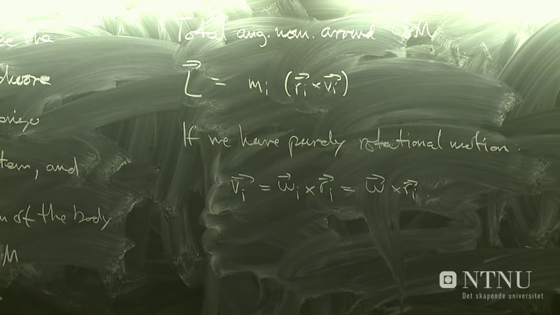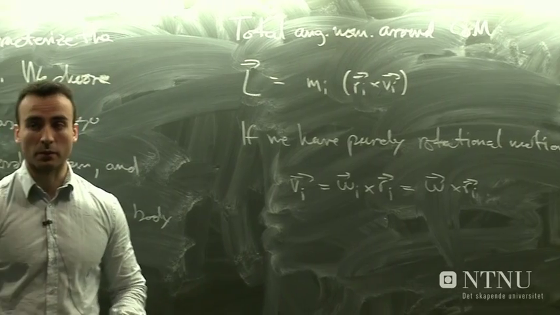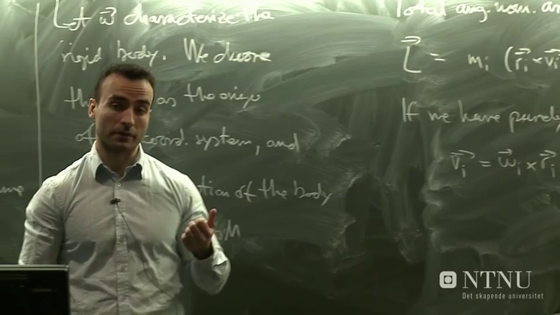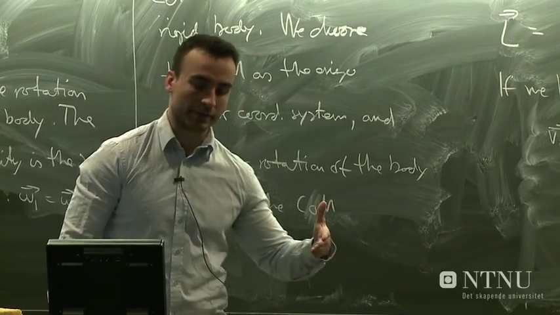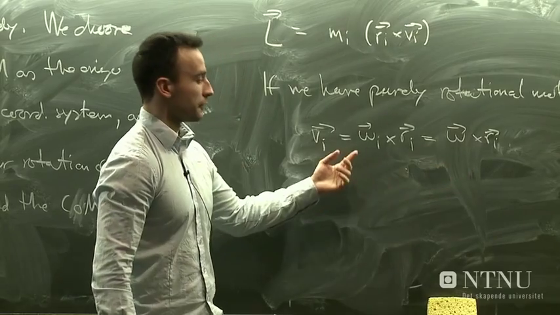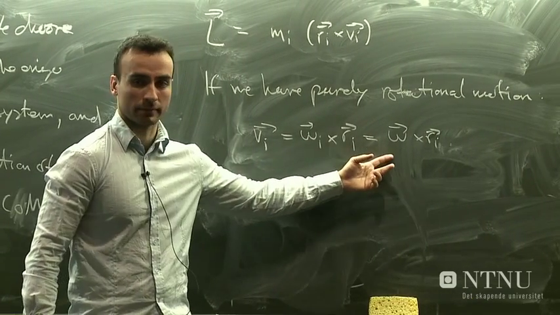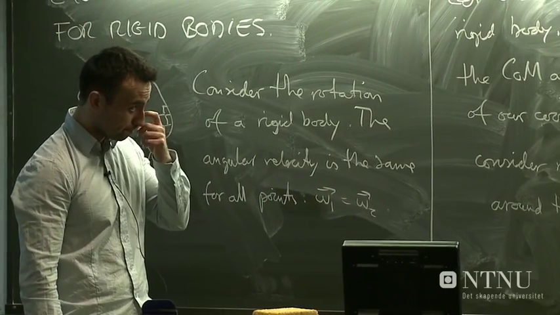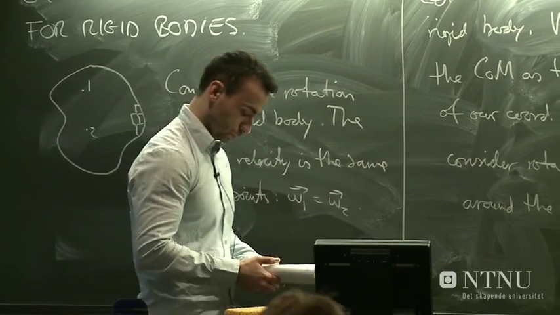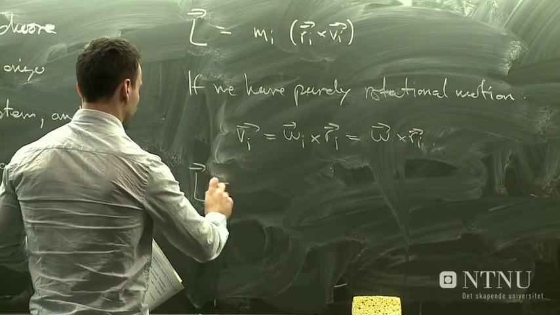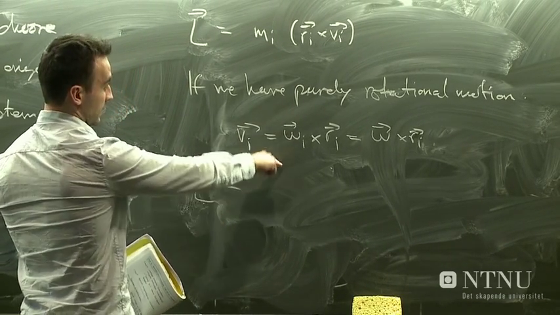And to begin with, we'll consider the case of purely rotational motion around the center of mass, in which case we know that the linear velocity v can be written in the following way. And omega_i is equal to omega due to this argument here. Let's insert that into L.